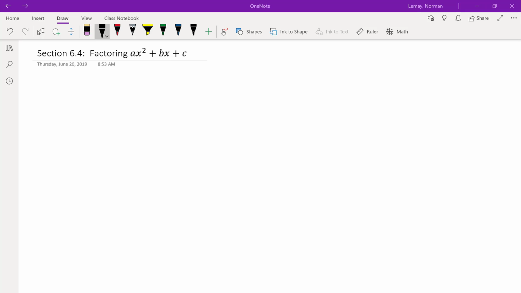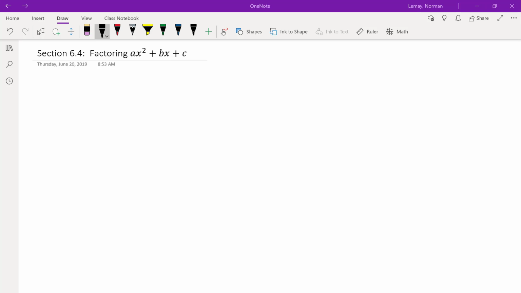The author in this textbook uses factor by grouping, which, as you have seen or will see if you've done your reading already, is what we are going to end up employing. So without further ado, let's just jump in and take a look.